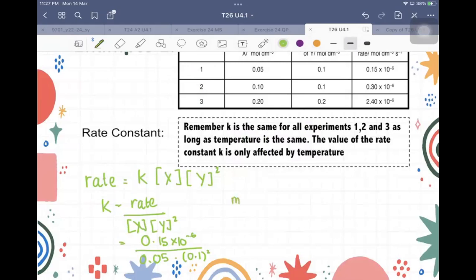To work out the units, mole per dm cube per second over mole per dm cube times mole per dm cube squared. You cancel this out, and you should get mole minus 2 dm6 s minus 1. And you should work out the number.